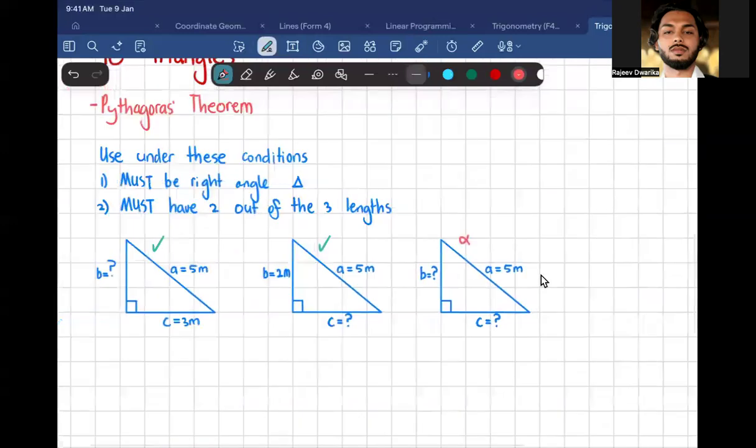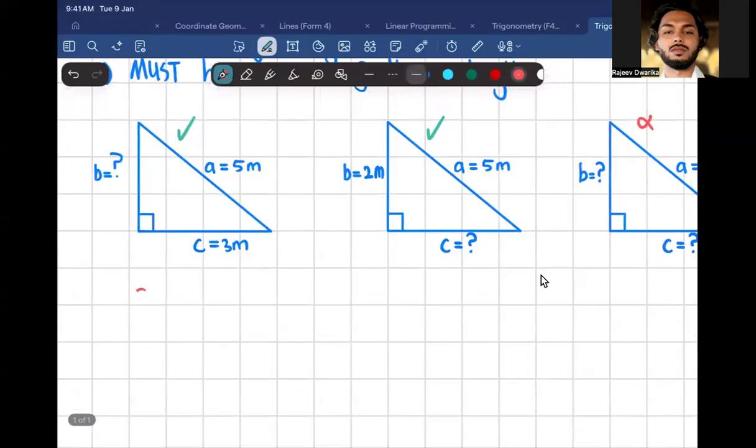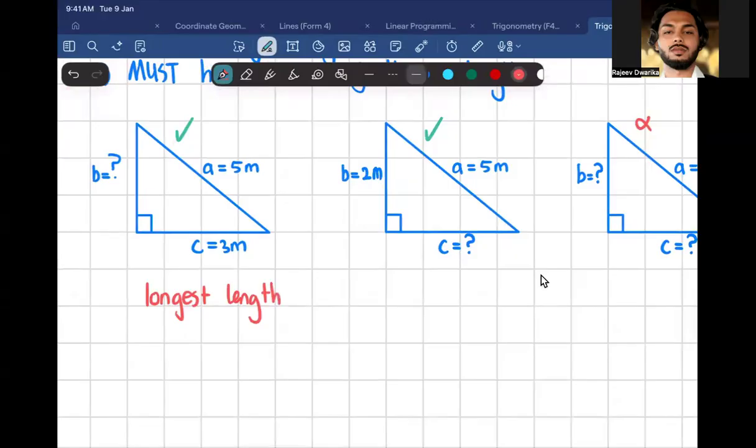You're probably wondering now, well, what the heck is Pythagoras theorem, right? So generally speaking, Pythagoras theorem looks something like this. I'll write it in words first, and then I'll write it using letters. It is simply the longest length, and we call the longest length the hypotenuse, right?